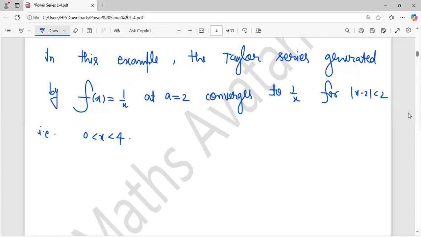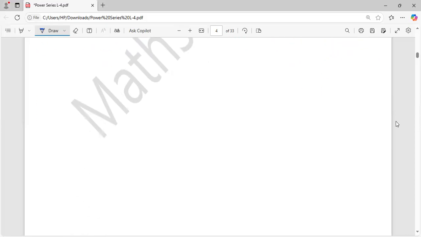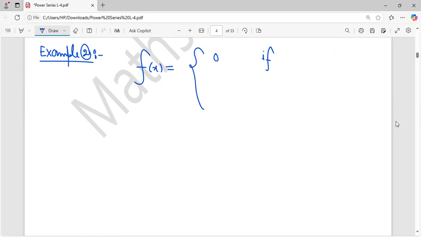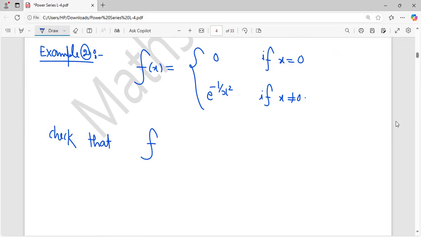Now example 2. Check that f and the derivatives of f at 0 are 0 for all orders.